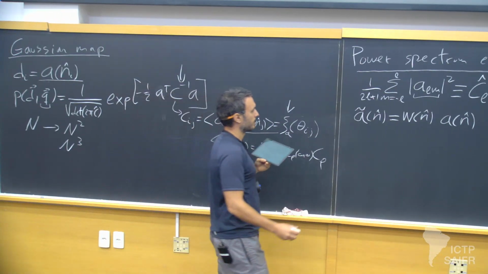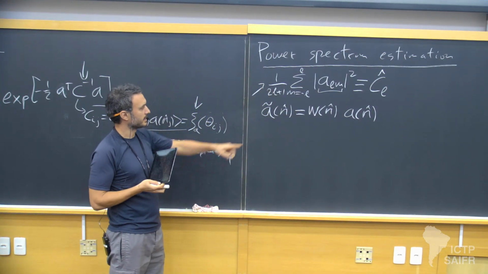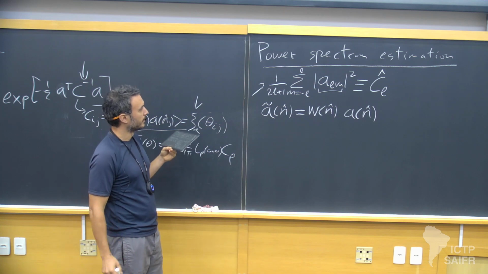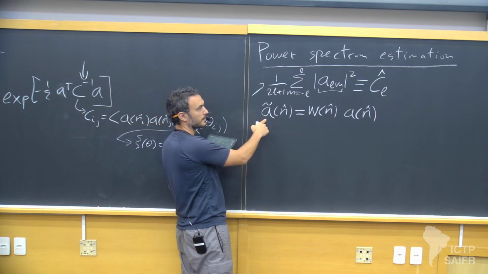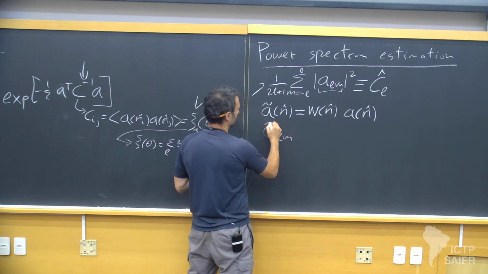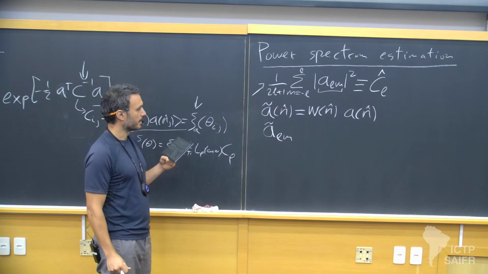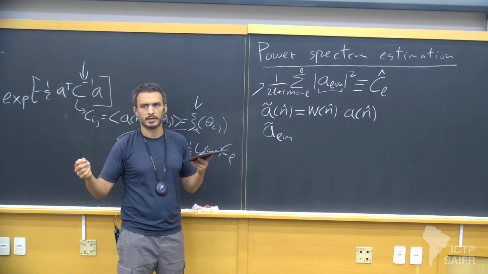Okay, but so what happens if we then apply this estimator to the masked data? Well, the first thing we need to do is to compute the spherical harmonic coefficients of this thing. We would need to do A_LM tilde. And remember that a spherical harmonic transform, you can think of it as a Fourier transform, okay?